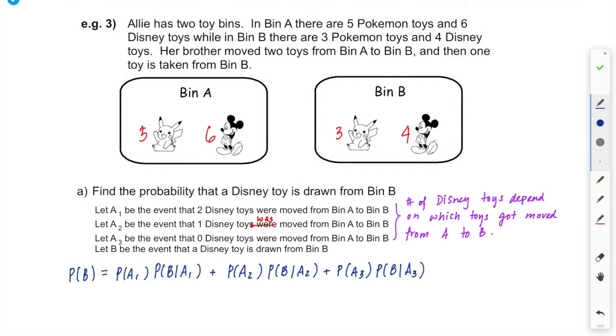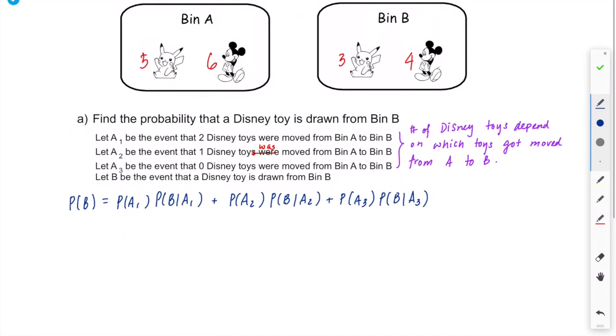How do I figure out P of A1, when 2 Disney toys were moved from bin A to bin B? Well, there are 6 Disney toys, 2 were moved in this case, out of how many toys in total? 11, picking 2. So we need to count using combinatorics.